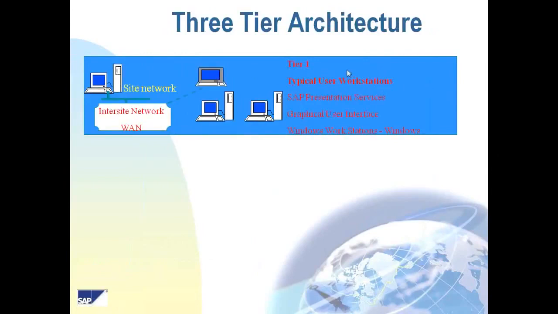So this is the first tier of the architecture. Here typical user workstations are available. So this is the presentation server because it is presenting the information of data. It is possible because of the graphical user interface. Okay.